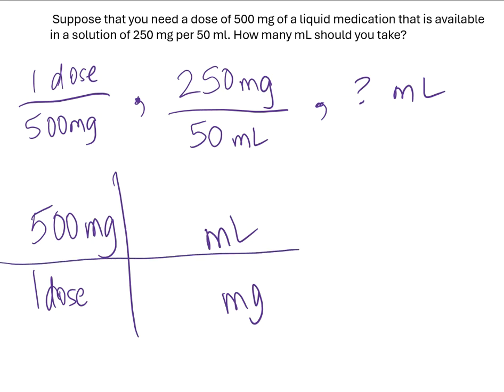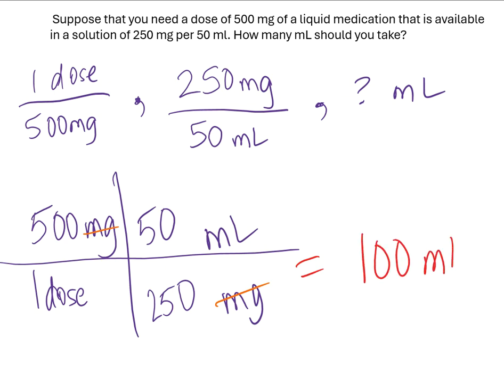The problem told us that for every 250 milligrams, that's 50 milliliters. So again, keeping track of the units, the milligrams have canceled, leaving me with milliliters. So I can determine how many milliliters this patient needs per dose. So you're going to multiply your 500 times 50, the product of that divided by 250, and that indicates that this patient is going to need 100 milliliters per dose.